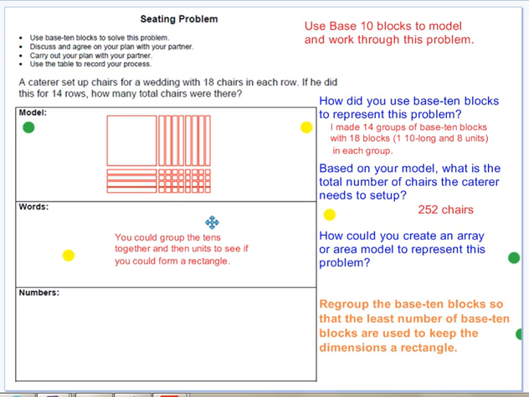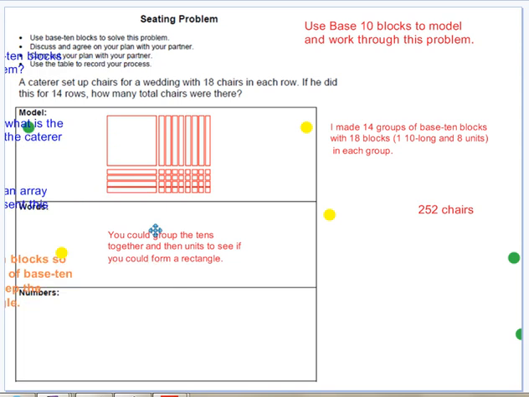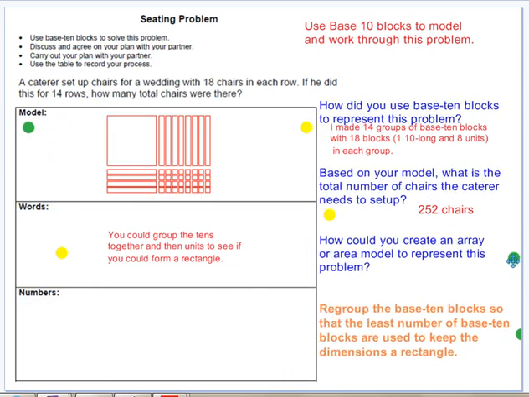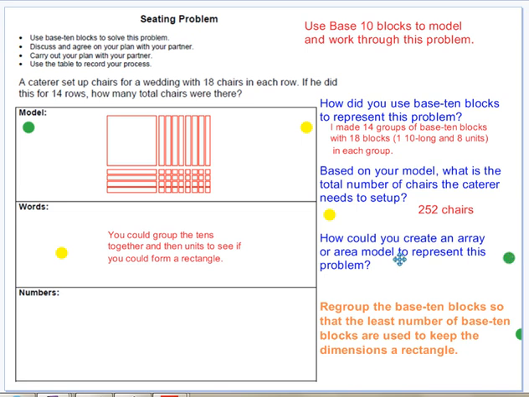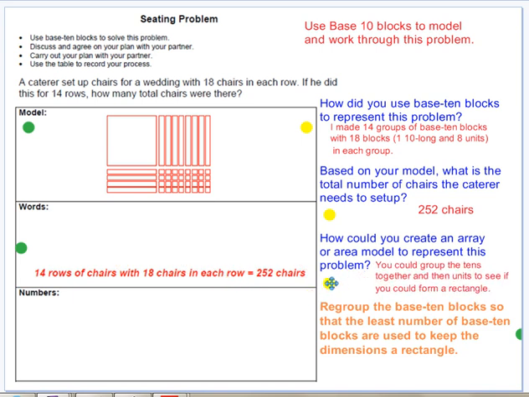We could group the 10s together and then the units together to see if we could get a rectangle. So in words, we have 14 rows of chairs with 18 chairs in each row, which means we're going to need a total of 252 chairs. So that's how we would represent this problem situation in words.